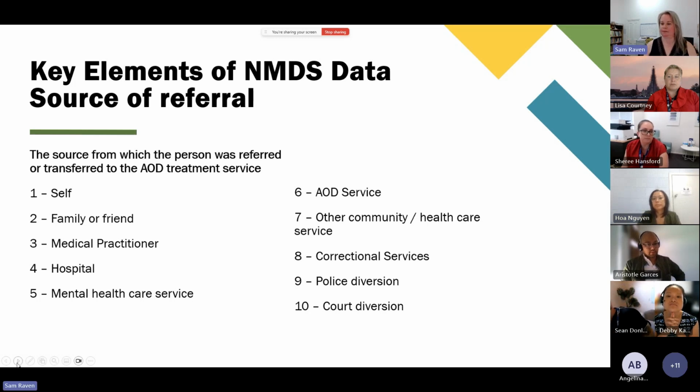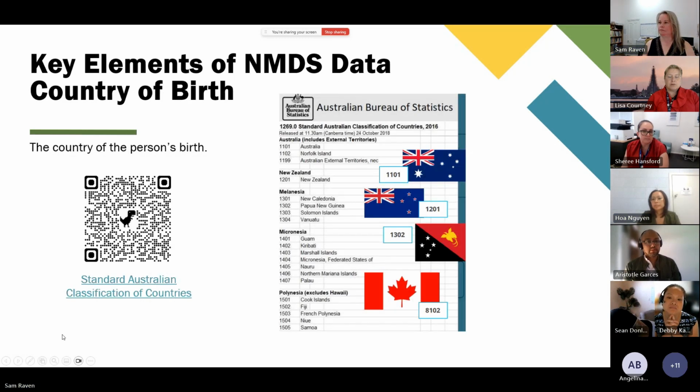No worries. The next key element is the country of birth, so where the person was born. The link there will go to the Standard Australian Classification of Countries. This is just a little screen grab of a section of it.